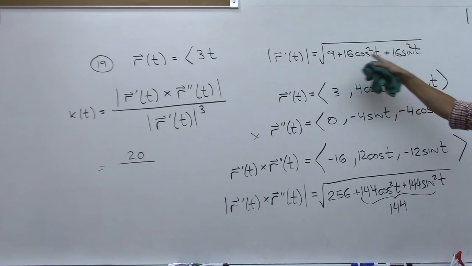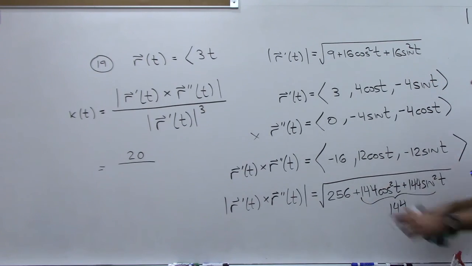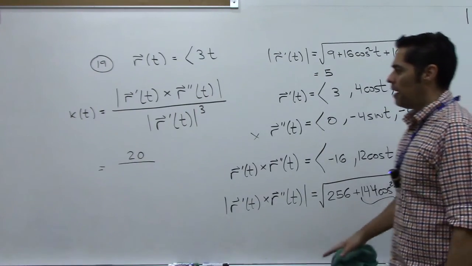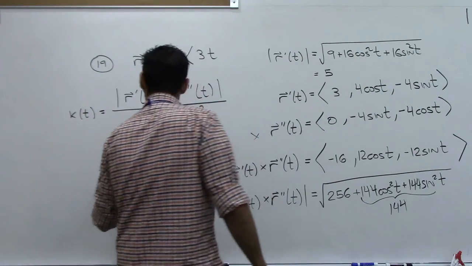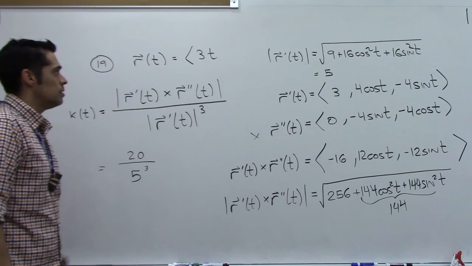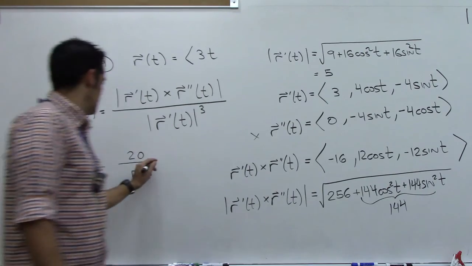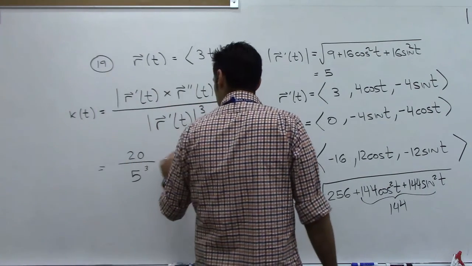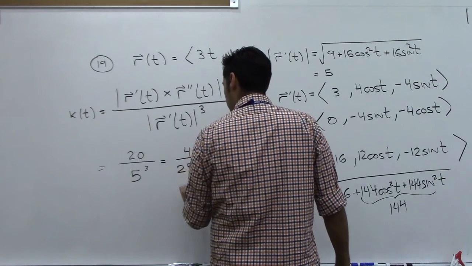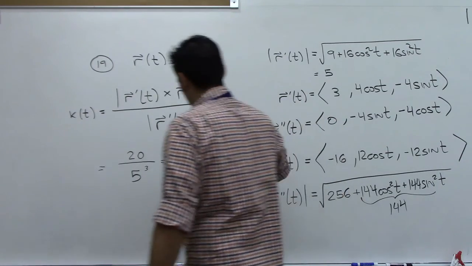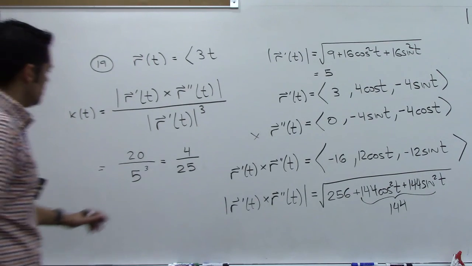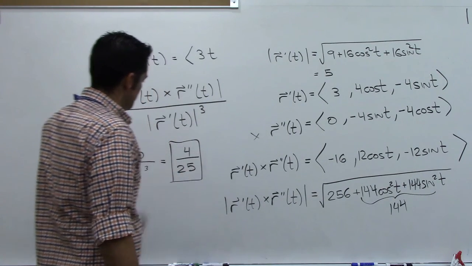So you get 16 plus the 9, it's 25, and the square root is 5. So you get a 5 down here, and that cubed, right? So 5 cubed. So what happens here? You get 4 over 25. Yeah, 4 over 25. That looks right. So your curvature is 4/25.